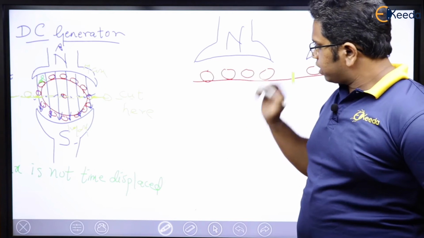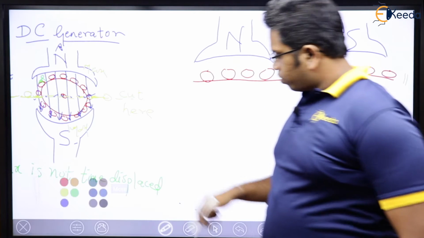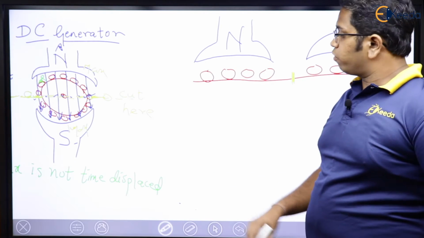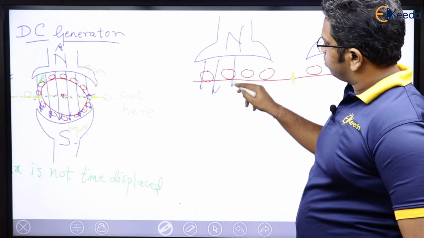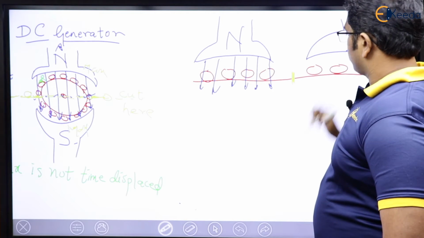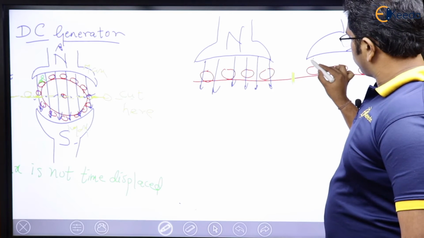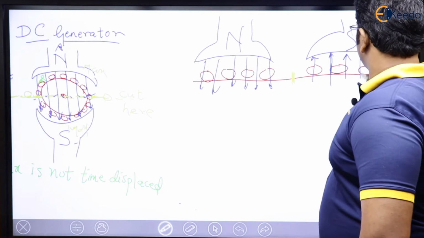We know that flux lines are coming out of the North Pole, so flux lines will be coming like this. And in case of South Pole, they are going to enter the iron piece, I mean stator.